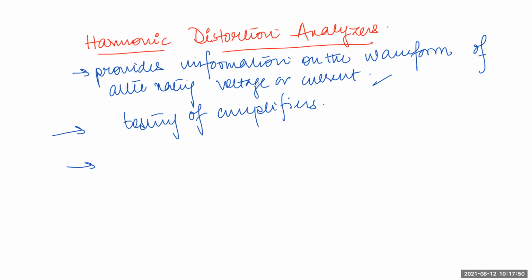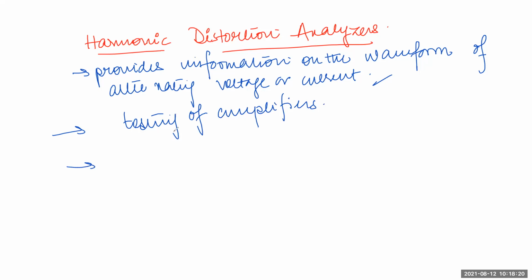Definitely we need this, since it is a harmonic distortion analyzer, so we have to check whether the input signal is distorted. A measure of the distortion represented by a particular harmonic is simply the ratio of the amplitude of that harmonic to that of the fundamental.